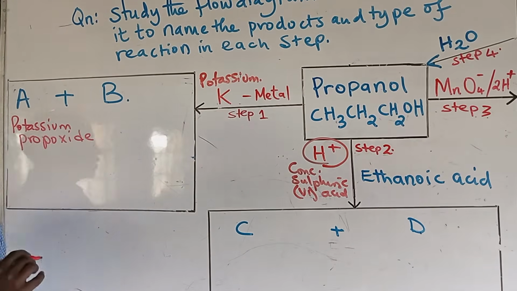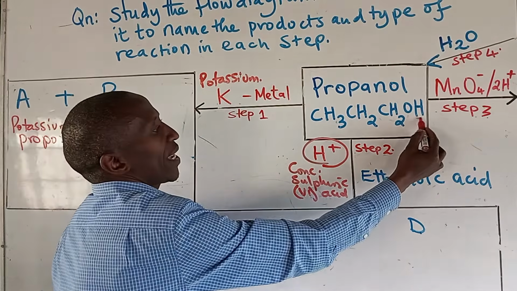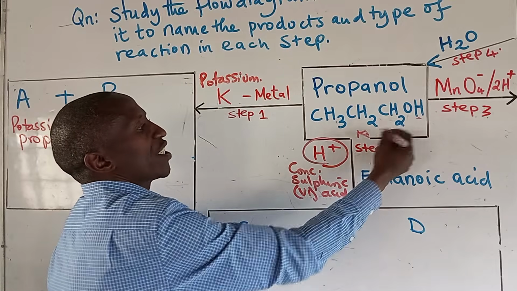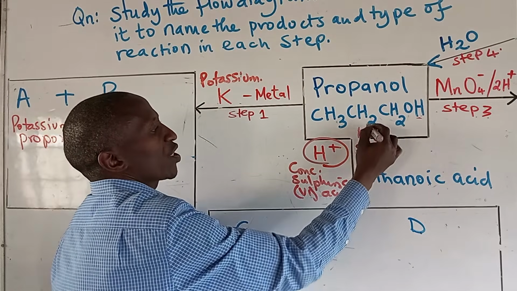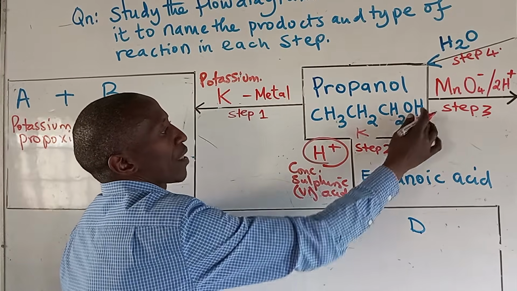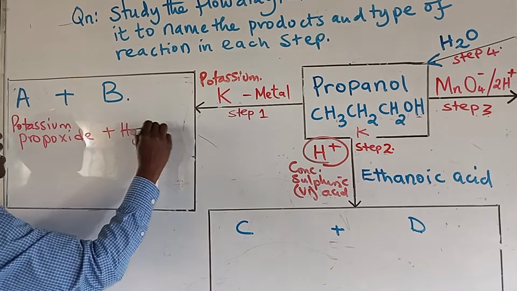Potassium propoxide, and when the hydrogen is displaced by potassium metal, that's a capital K, then you find that we also get hydrogen gas.